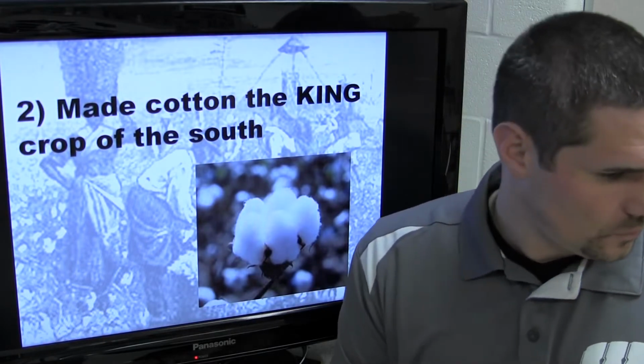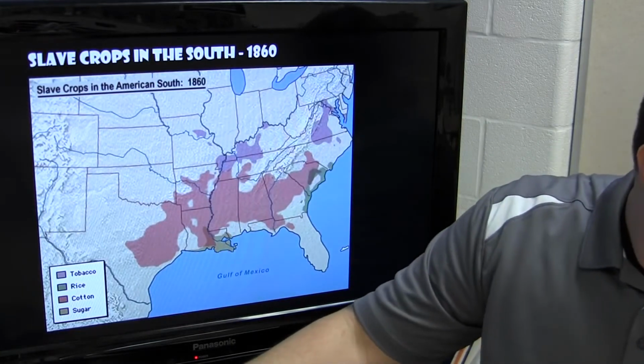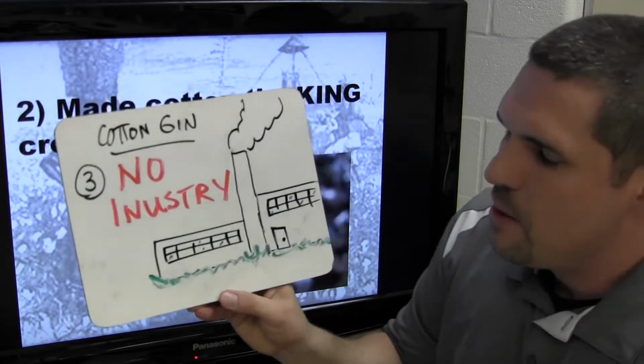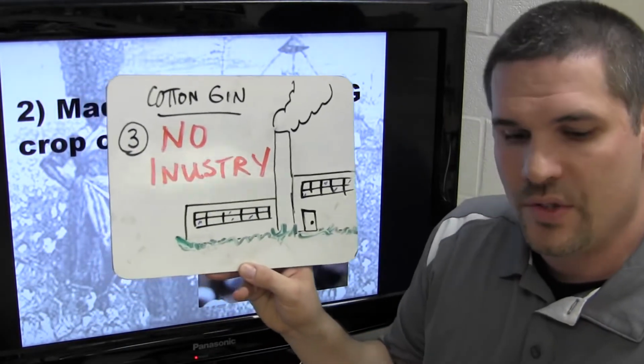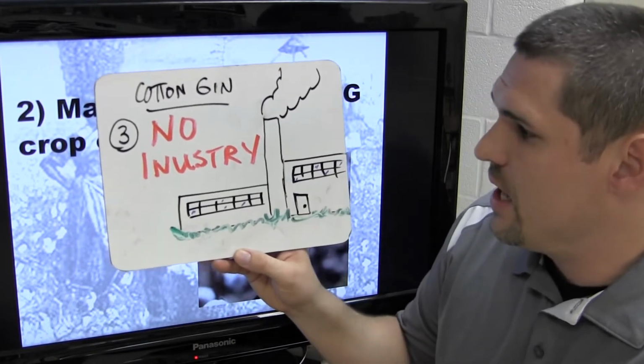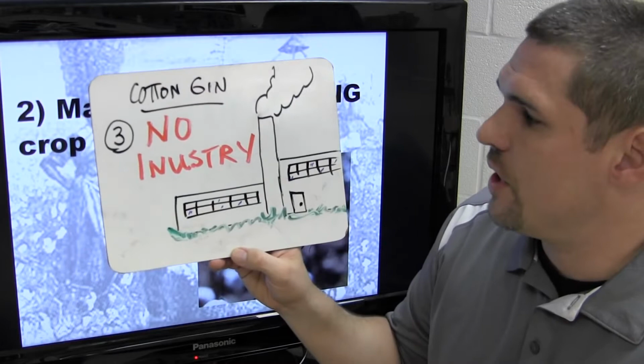All right, and the third effect that I'd like to throw in here was that because cotton was so profitable and now easier to harvest, the South spent little time creating industry.